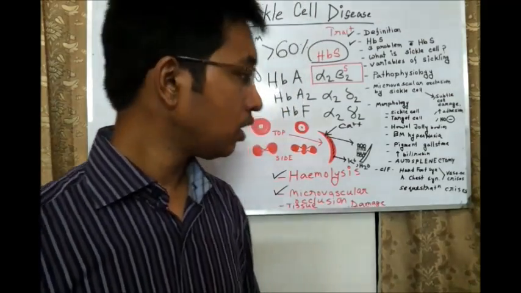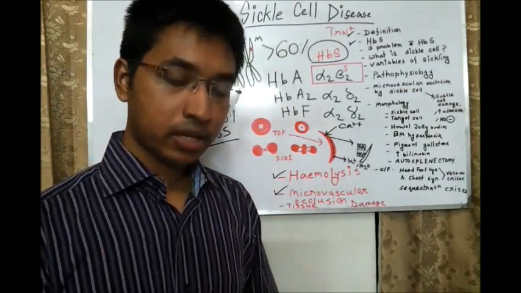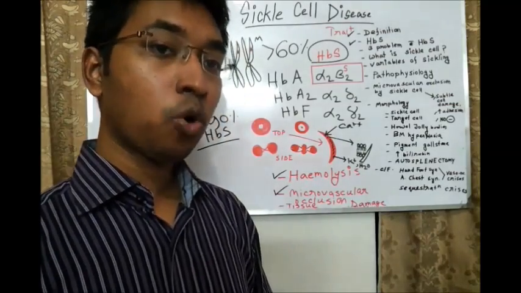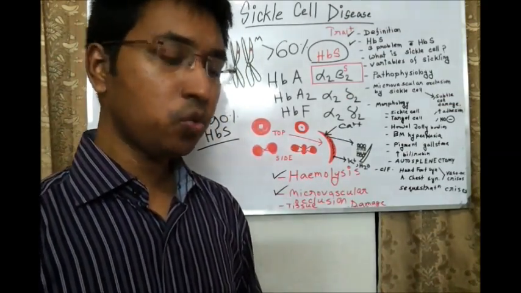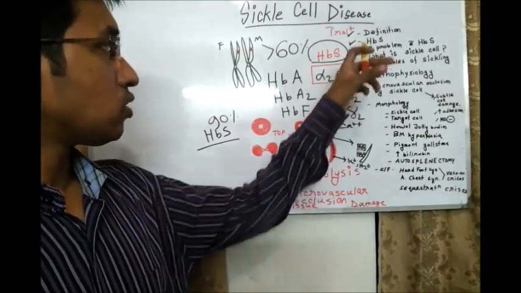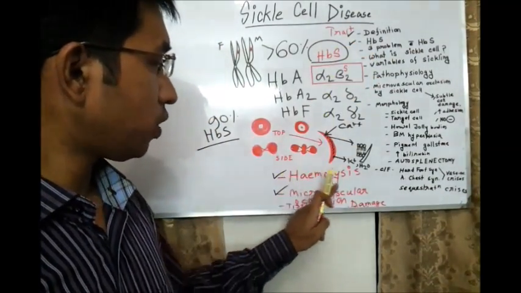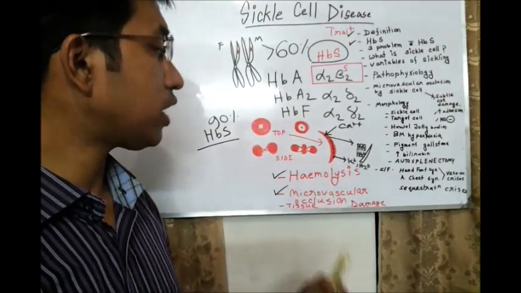Okay. What will be the other findings we will see in lab diagnosis? Well, we will see bone marrow hyperplasia. Why? Simple, we're having hemolysis. I said in the first point, the effects of hemoglobin S: first there was hemolysis, second microvascular occlusion, third tissue damage.